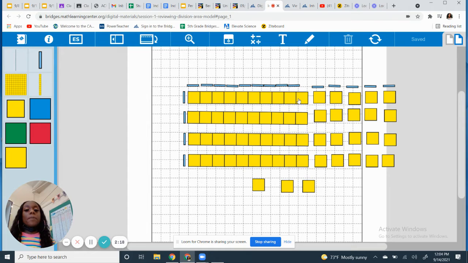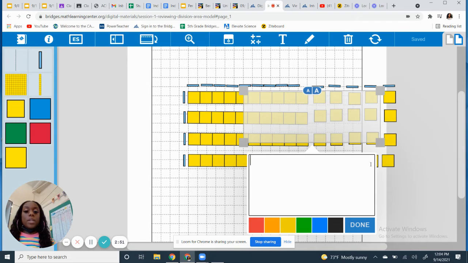Because there are 4 tables, we need to figure out what's a friendly number that can go into the 4. We're going to use our 10 stick here. So 10 is going to be here for table 1, 10 for table 2, 10 for table 3, 10 for table 4. That is 10, 20, 30, and 40. That is 40 of our balloons there.